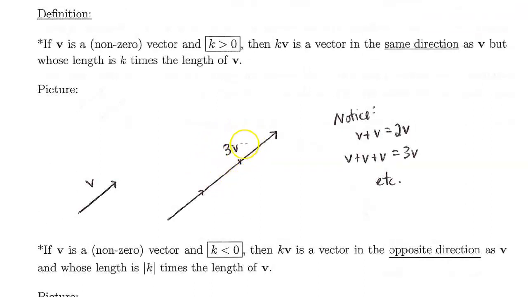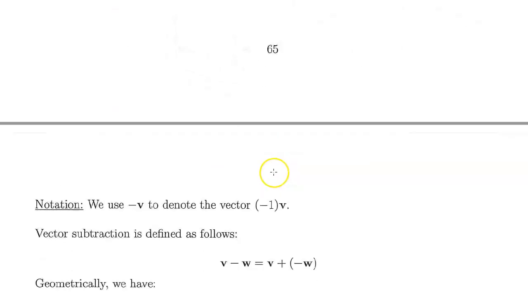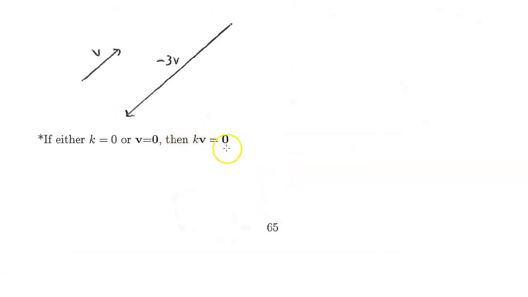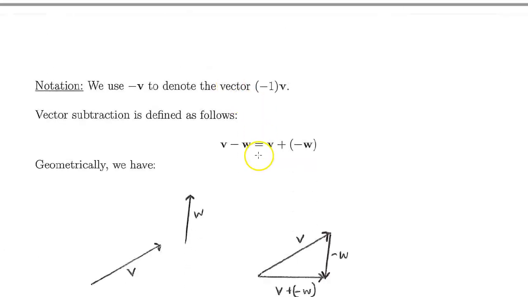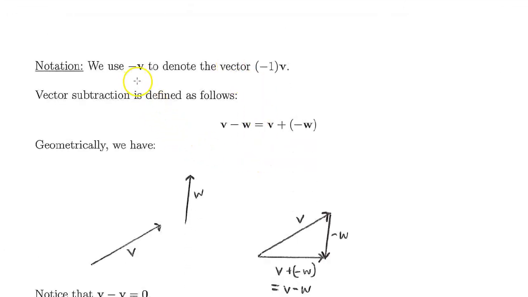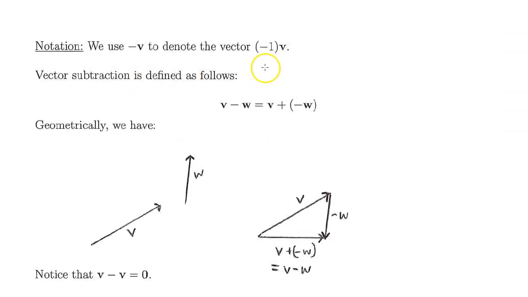Your final result is a vector. So that's why kv would be the 0 vector, not the number 0. Now we use the notation negative v to denote the vector negative 1 times v. So negative v is just a vector that has the same length as v, only in the exact opposite direction.